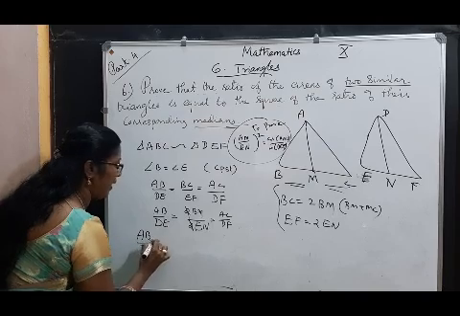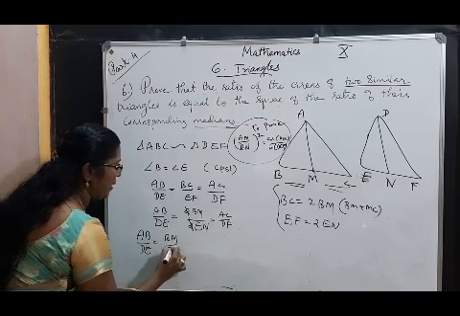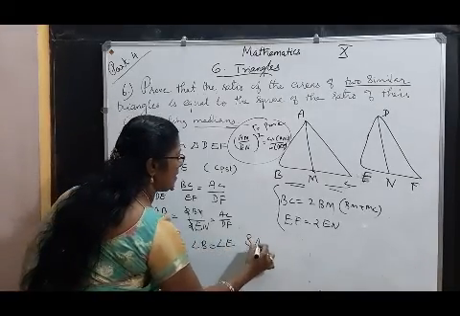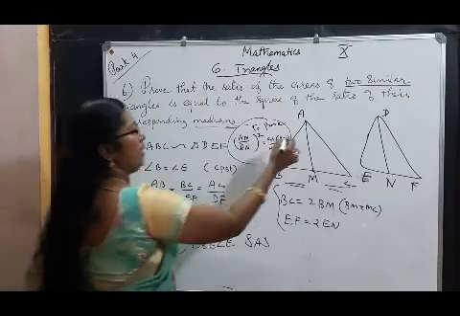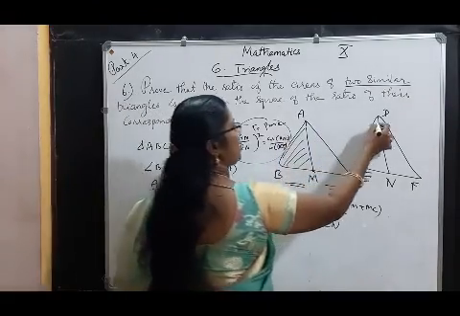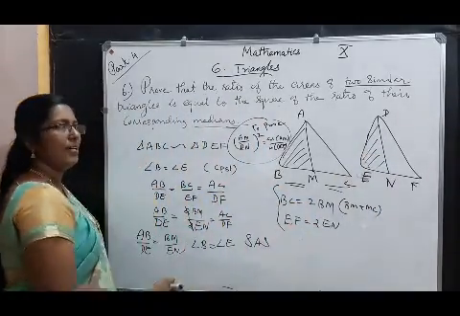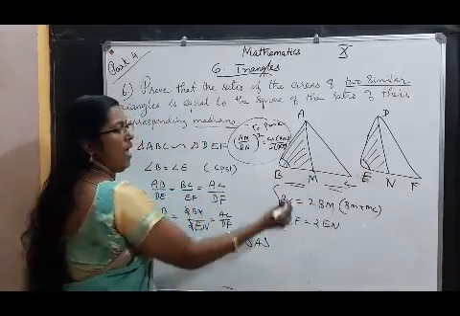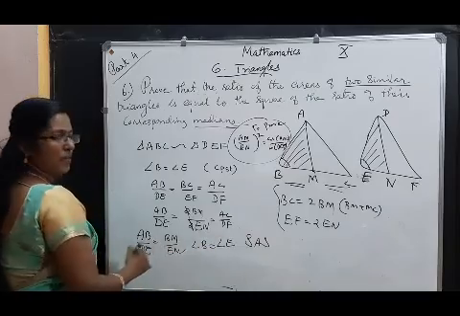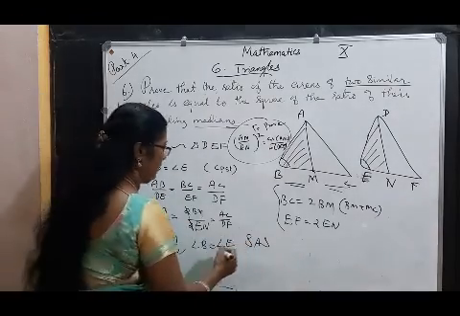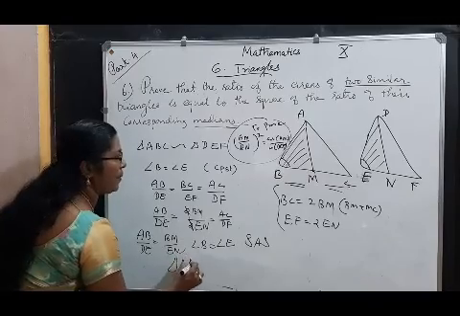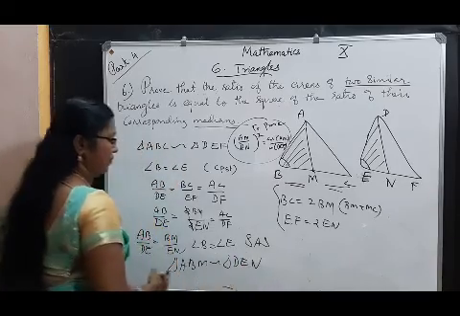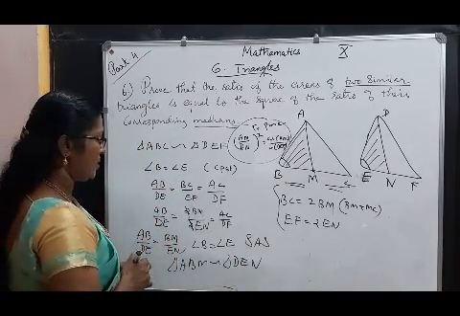AB by DE equal BM by EN and angle B equal angle E, so by SAS similarity criterion, triangle ABM is similar to triangle DEN, isn't it? Sides AB by DE and the included angles B and E are equal, and BM by EN, so triangle ABM is similar to triangle DEN.